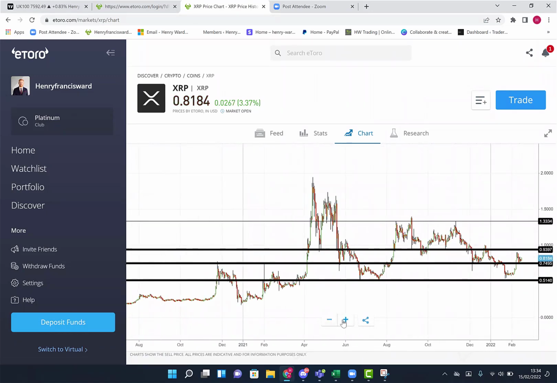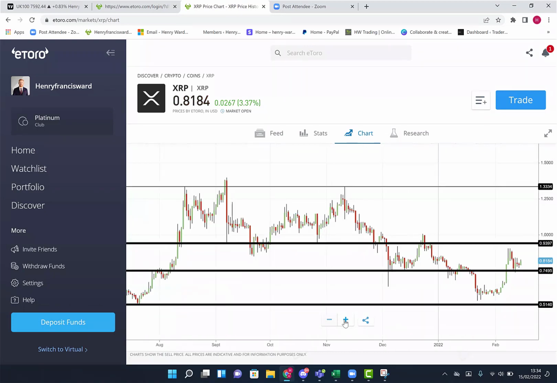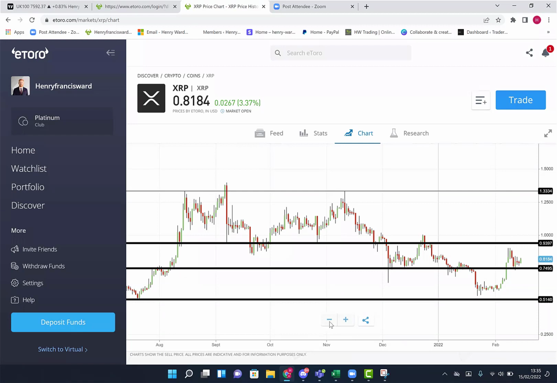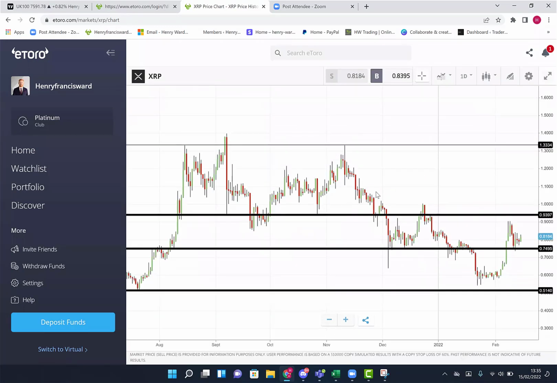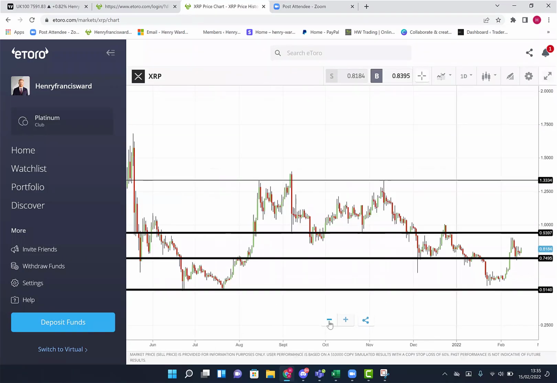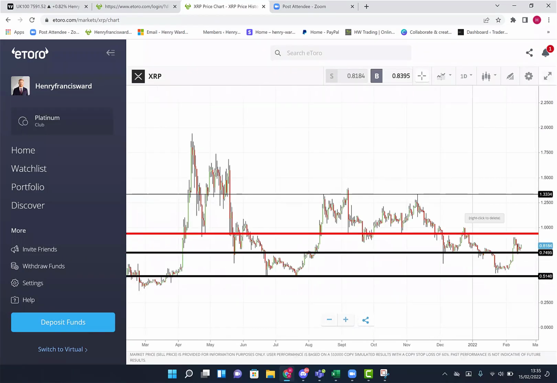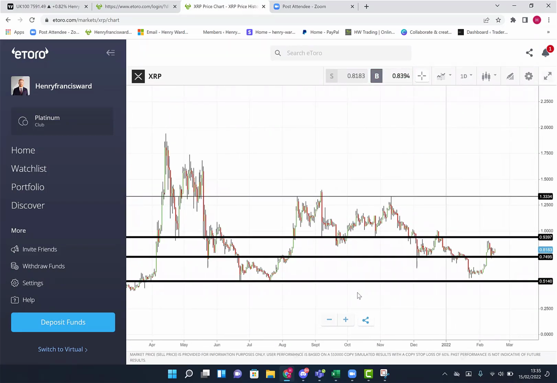Very tentative. I was expecting to see a few more buyers in here if the announcement is in 2 days' time. But again, if you think that this is going to be good news, there's a little punt on this, isn't there? If you think it's going to be bad news, then you take a short on it. If you're someone who doesn't like to gamble, you stay away from it.